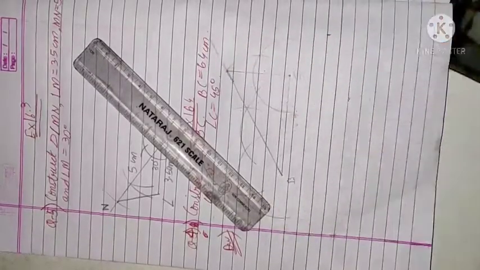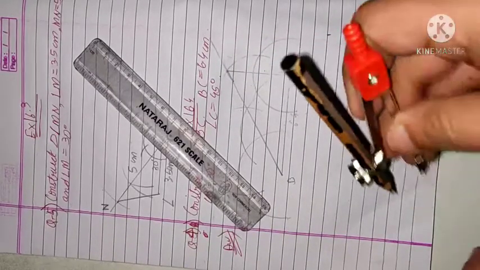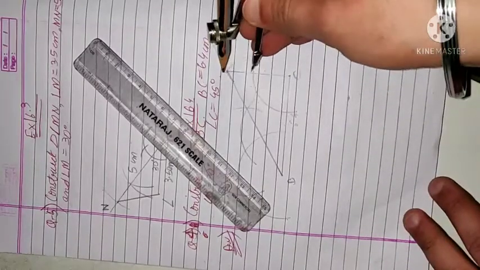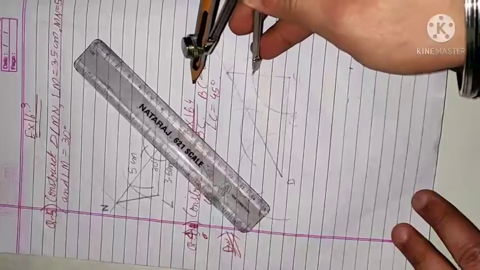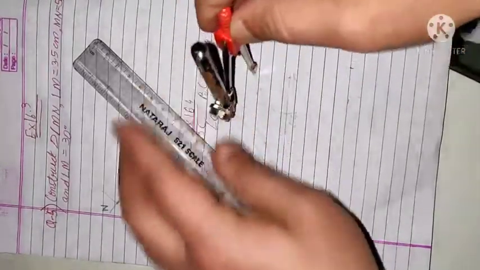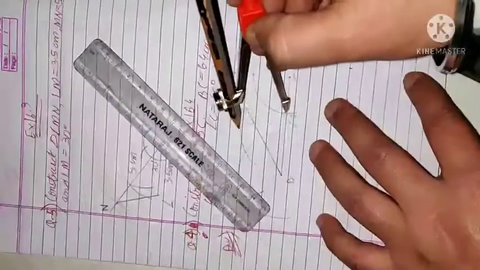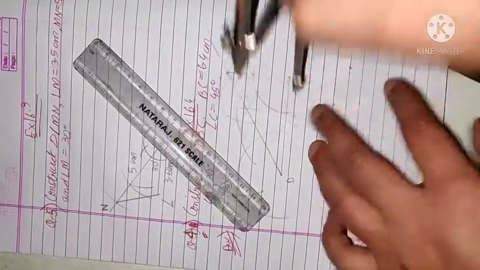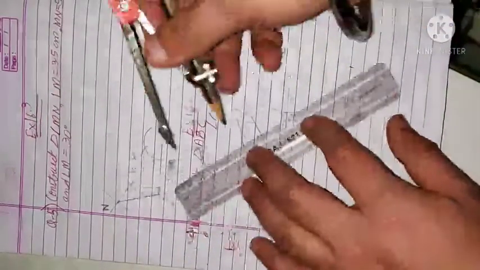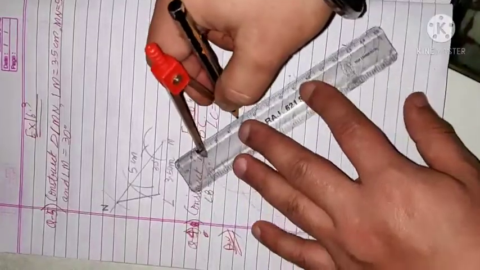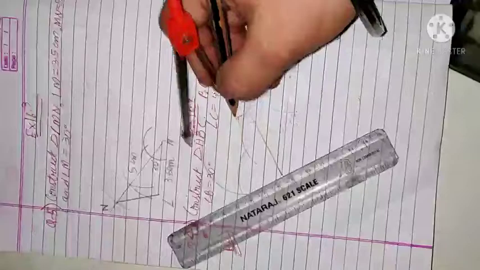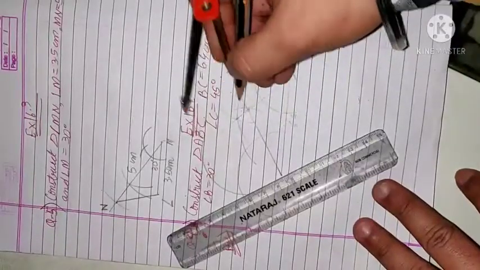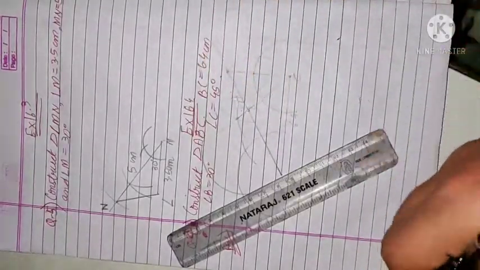So this is our 90 degree line. Now what? We have to make a bisector between 90 and 0. Between 90 and 0 lies 45 degrees. So this is the 90 point. This is our 0 point. It meets at this point. So this is our 45 degree point. So it meets at this point, and this point is point A. So this is our triangle ABC.